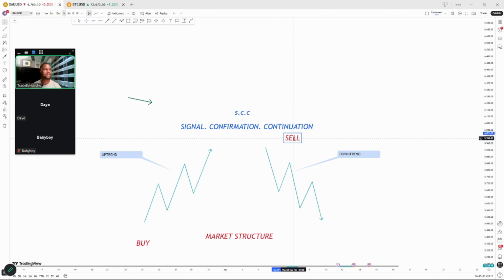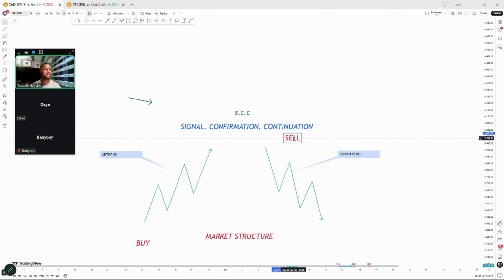The buyers, their job, people that are buying the market, their job is to push the market upward. The sellers, their job is to push the market downward. As you can see in the market structure here, buyers, the market is going up; sellers, the market is going down.